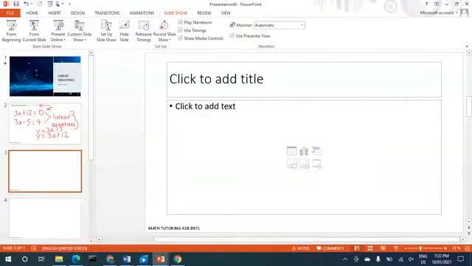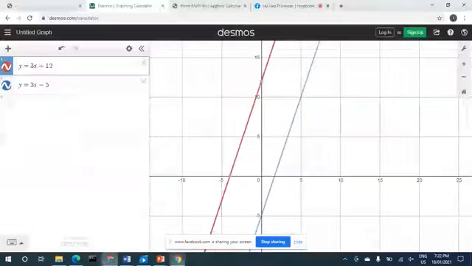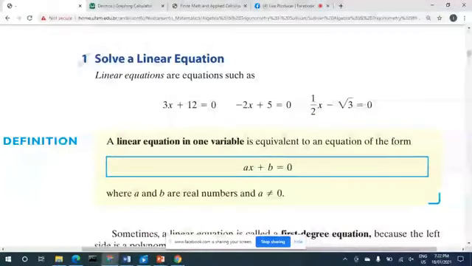We're going to discard that and go back to the definition that we saw. The definition says a linear equation is an equation in one variable. So we're not dealing with two variables, and we're not dealing with three variables. We're dealing with one variable. This linear equation is equivalent to an equation of this form, and this is very important: ax plus b equals 0.